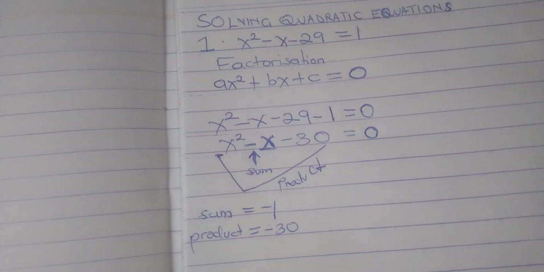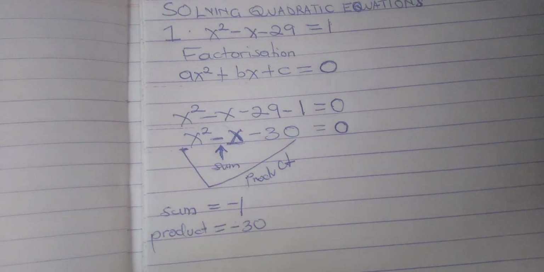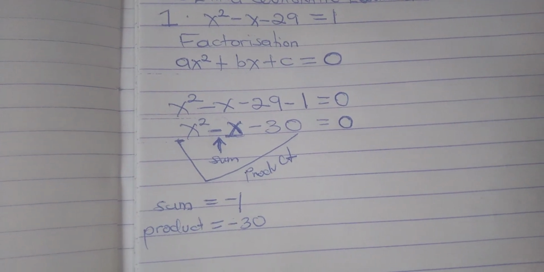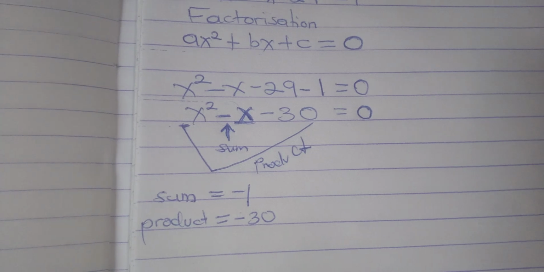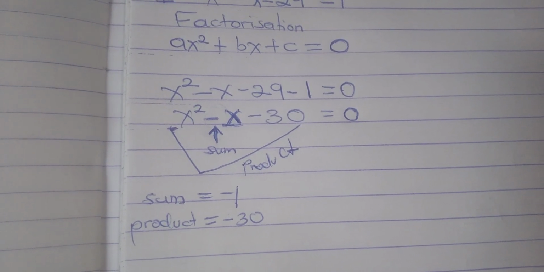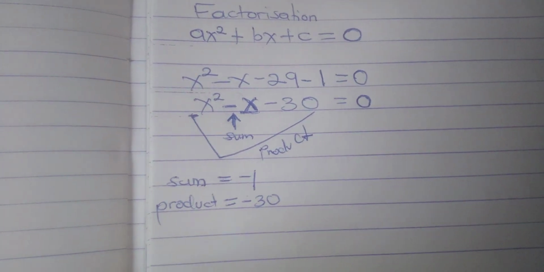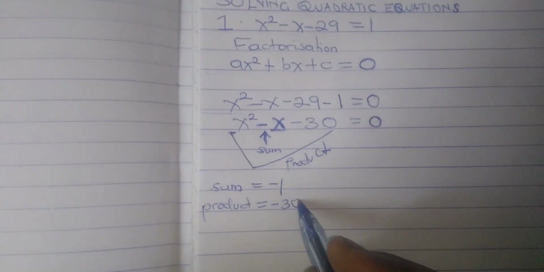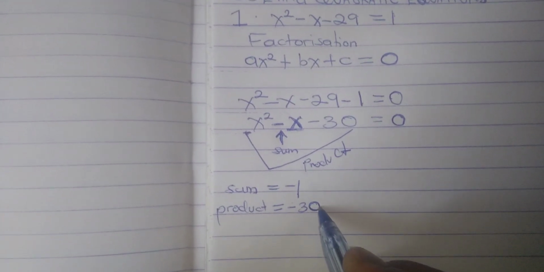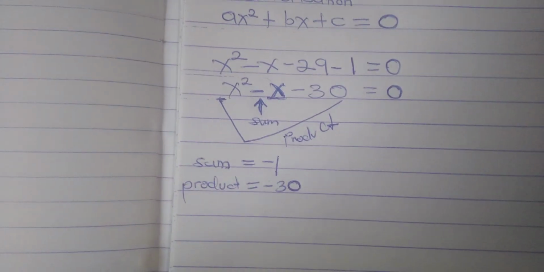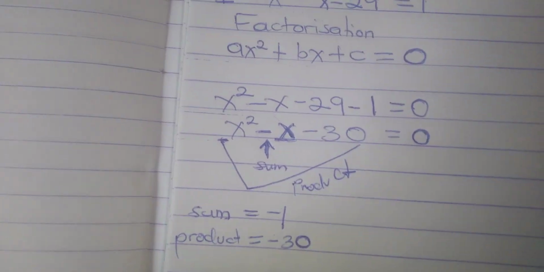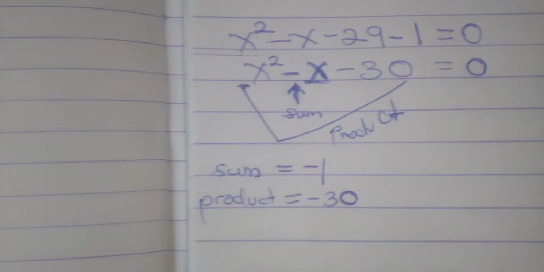So why do they call it factorization? We have to get two factors which, when we multiply them, give negative 30, and when we add them, give negative 1. How shall we go about this? Leaving the signs aside, see which two numbers you can multiply to get 30. First, leave the signs alone.